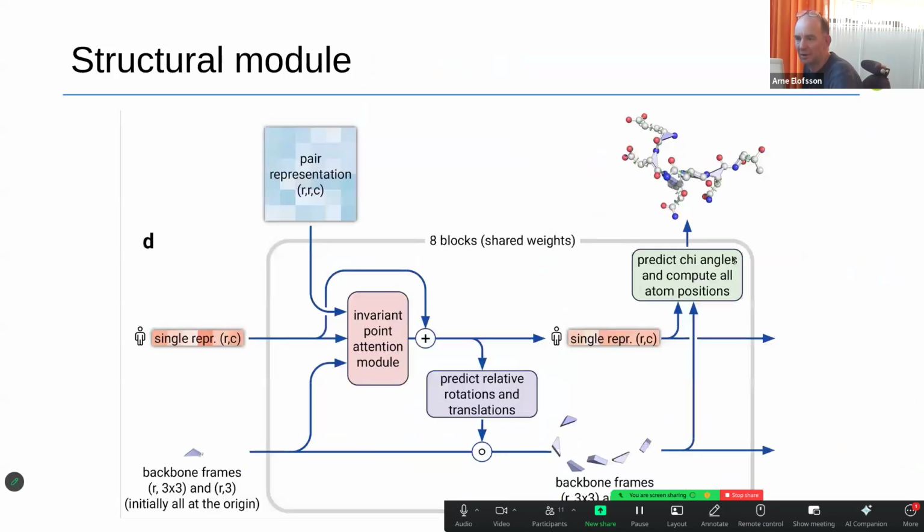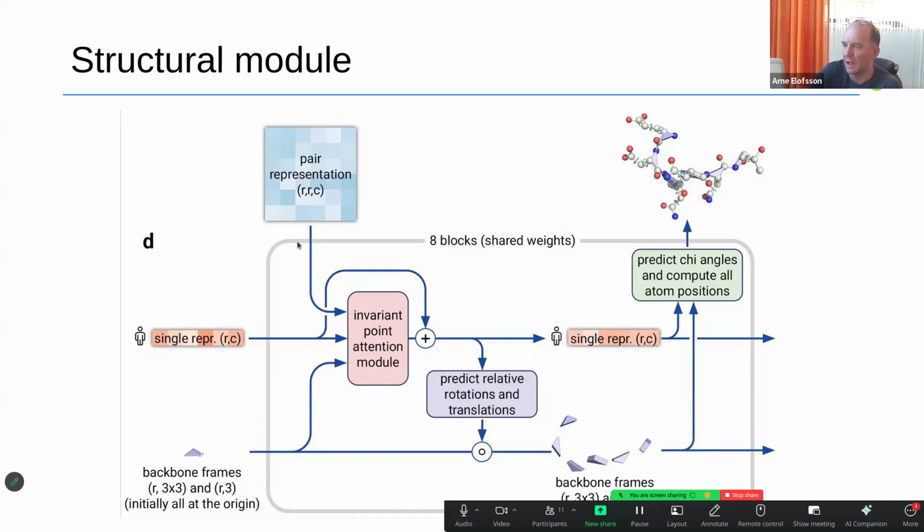I can skip the structure. After 48 times, you put in this pair representation and a single representation. You basically describe the protein with the backbone frames, and you do that as pairs of distances, or not distances, but directions, and then you generate a structure, and at the end you predict side chains.